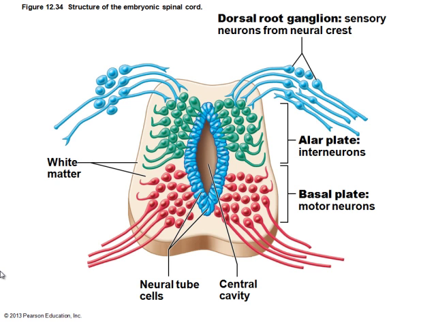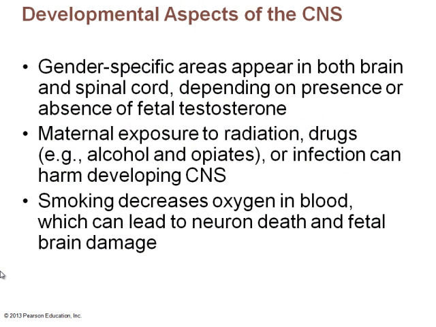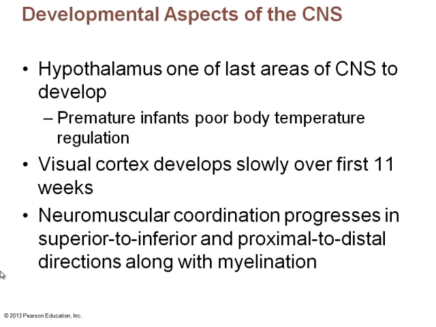On page 476, figure 12.34, we see these pathways starting in the embryonic spinal cord. So these are the beginning neurons that are going to form the gray matter regions, both dorsal and ventral horns, in the spinal cord during fetal and embryonic development. Developmental aspects, don't worry about it.